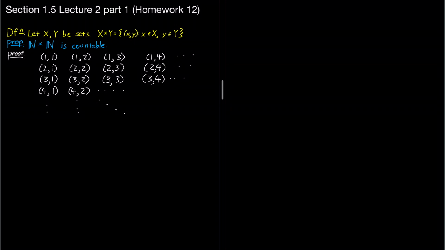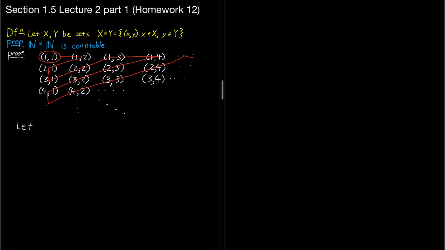So we go off infinitely far in both directions. And then what we're going to do is trace a path through this grid that looks like this. We start here at (1, 1). We go to (1, 2), then to (2, 1), down to (3, 1), up to (2, 2), to (1, 3), over to (1, 4). Reverse our diagonal line down to, I guess I didn't write it down, but we'd go to (5, 1). And notice this path is eventually going to get everything, and you can traverse it one at a time.